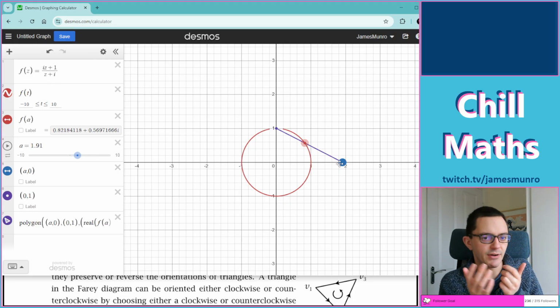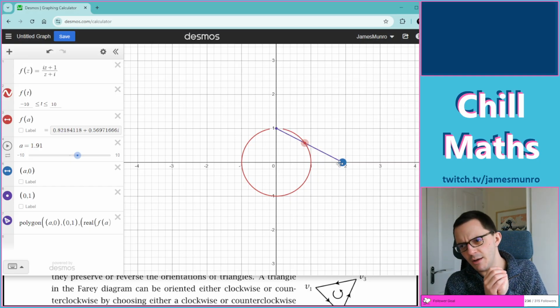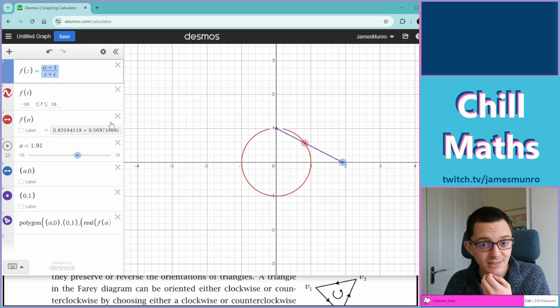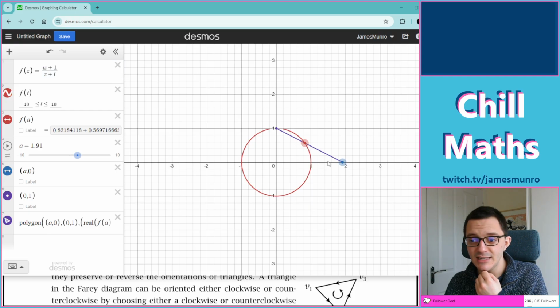That would give you a different fairy diagram because things would be in different places, but topologically you'd still have the same sort of semicircles going around. Because this map is very nice, it sends any semicircle that you draw, you send every point of that through this function, and you get a semicircle.